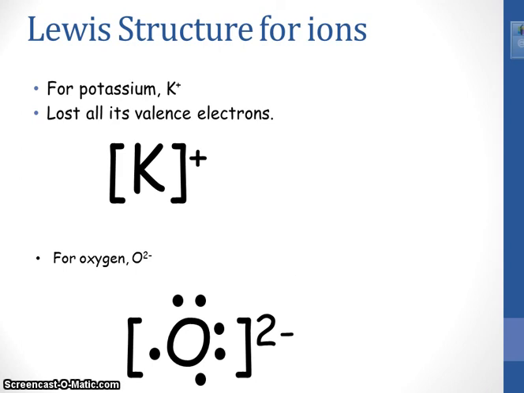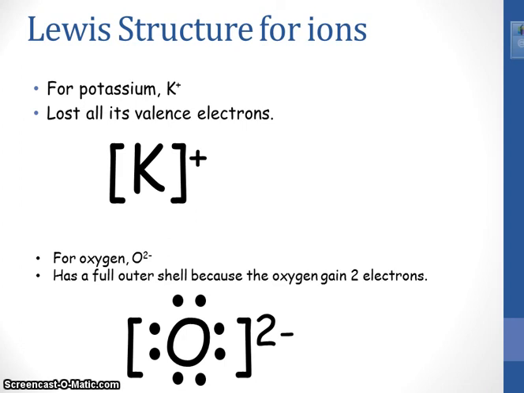So here's oxygen right now, but we gain 2 electrons, so we need to add 1, 2. Now we have 8 electrons in the outer shell, and we represent this being an ion with brackets and then a 2- on the outside. Again, it has a full outer shell because oxygen has gained 2 electrons.